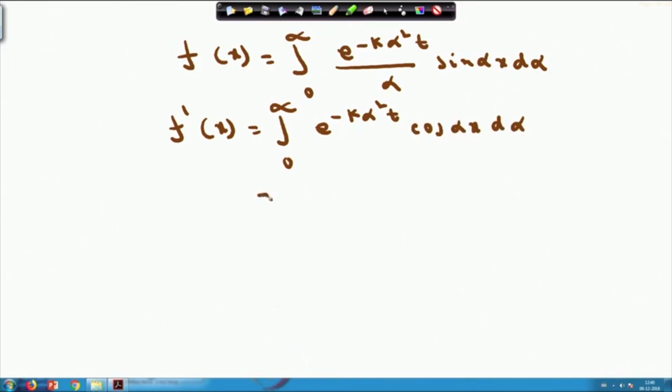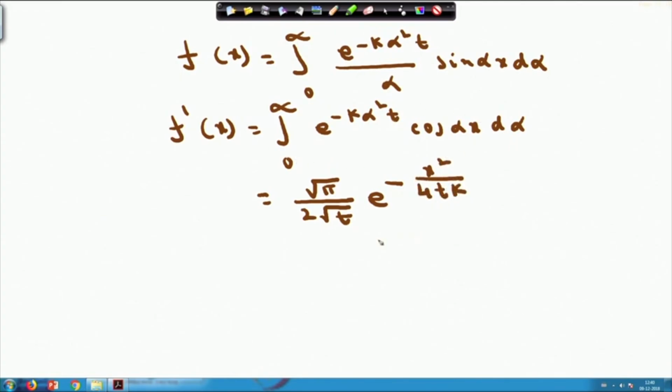This value is known to us, and if I substitute this value, this will be e power minus x square by 4 t k. I am using this integral value as a known result.